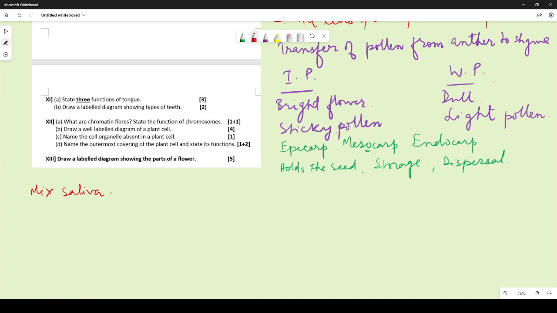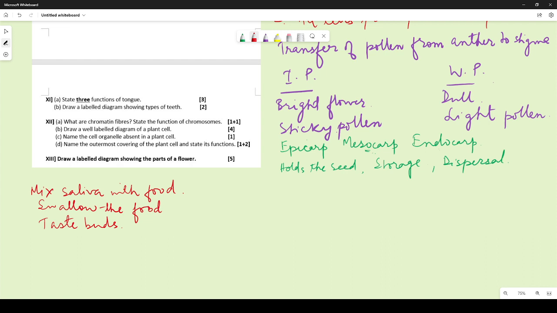Then it helps us to swallow the food as well. The tongue pushes the food inside our food canal, the food pipe. So it helps us to swallow the food, and also it has the taste buds which help us to taste the food.